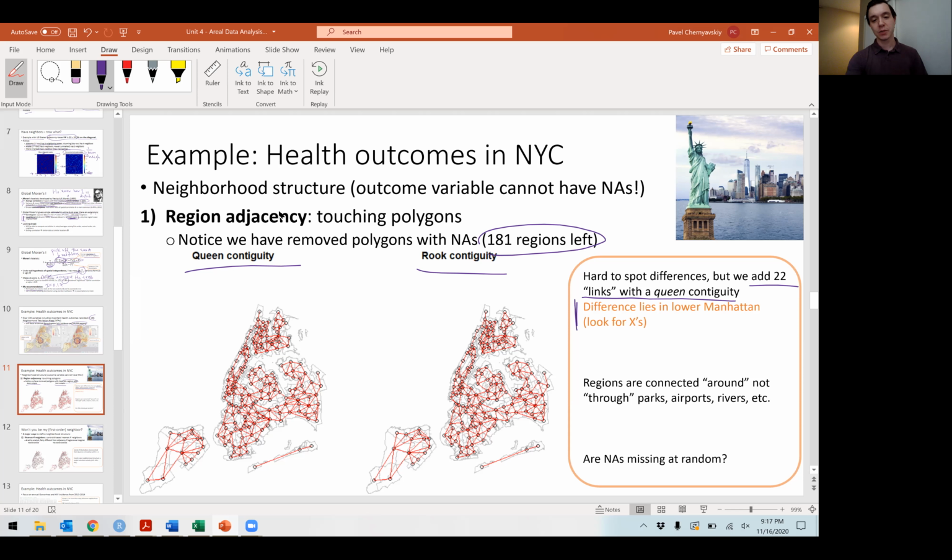The difference between the two lies in Lower Manhattan. And if you look particularly closely, there are these X's, right? When we have some irregularly shaped county, maybe another, maybe another, the difference lies in whether these cross neighbors are counted as neighbors.